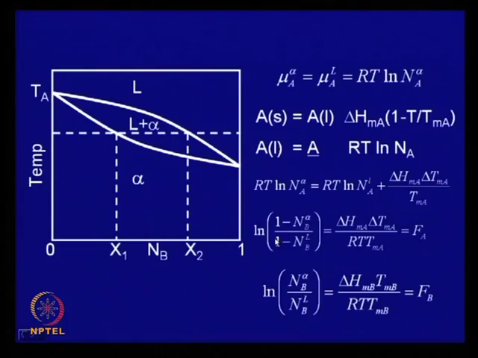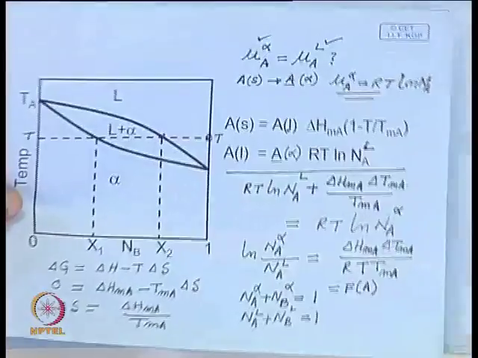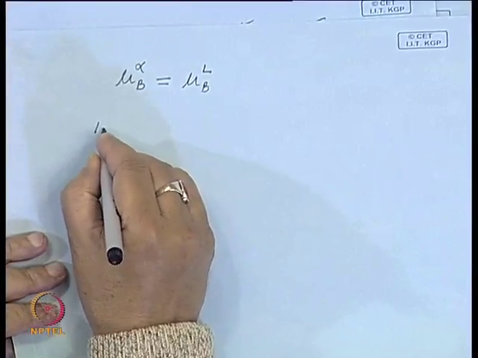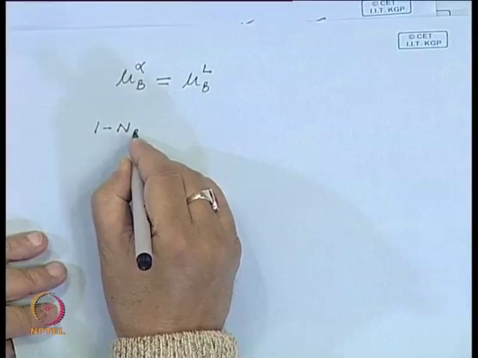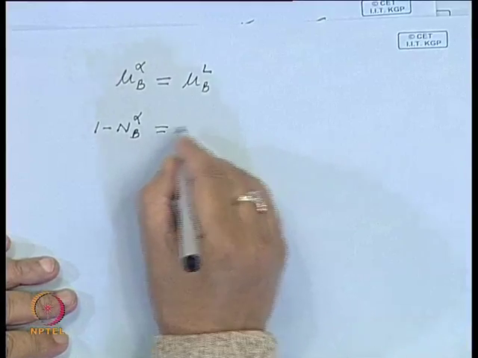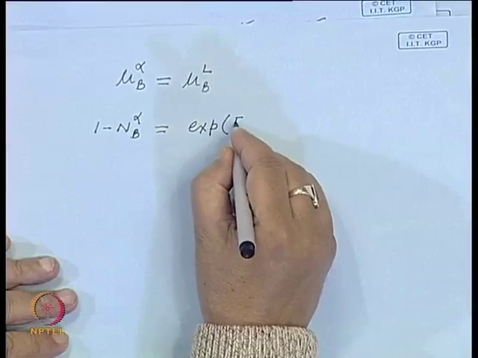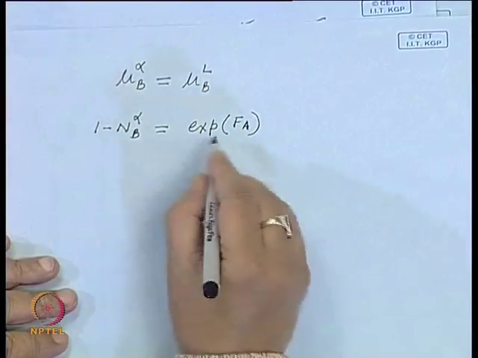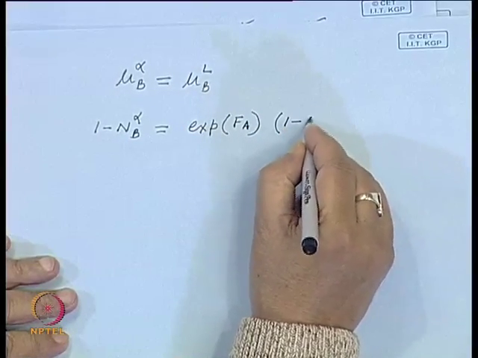See, what you need to do is you can always say that this is ln. So, one way is 1 minus, you convert the first one, N B alpha equal to exponential, let us say F A, this function, and times 1 minus.